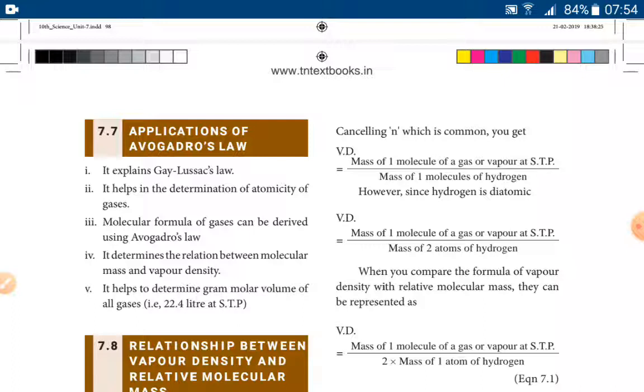Also, the molecular formula of any gas can be derived using this law, and it is used to determine the relation between molecular mass and vapor density, and helps to determine the gram molar volume of all gases. These 5 applications will be asked in the 5-mark question. So you have to go through all this and make a note of it in your classwork notebook and revise.